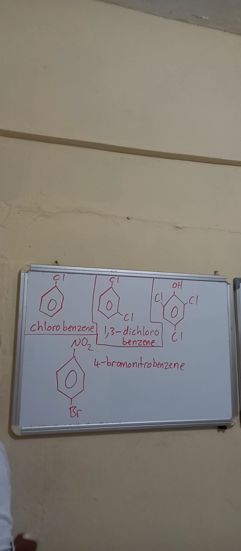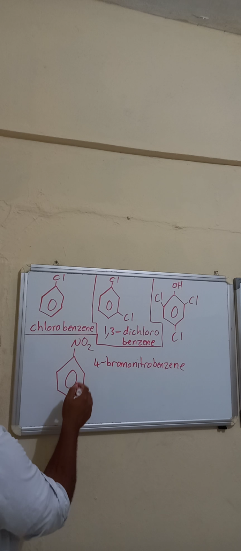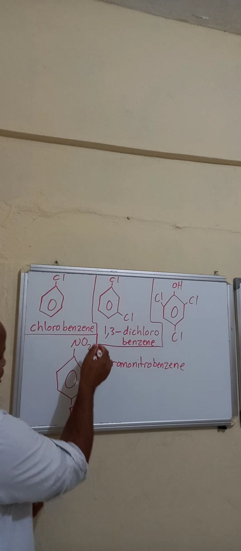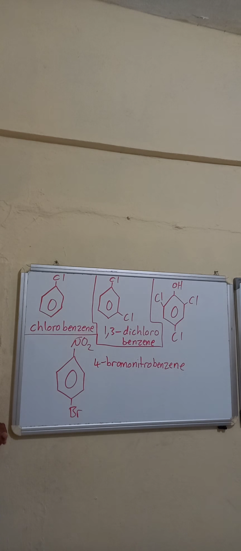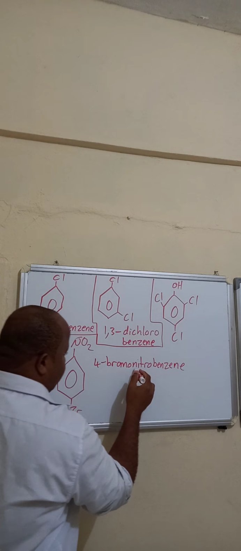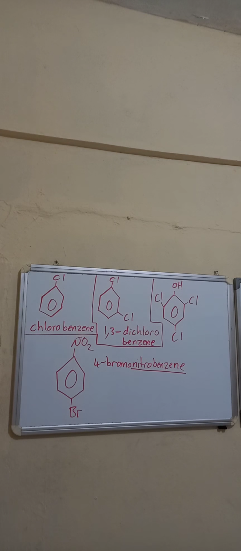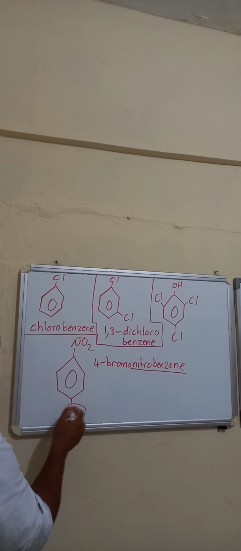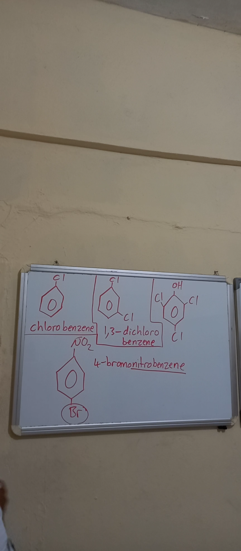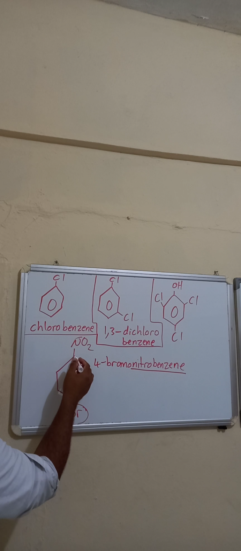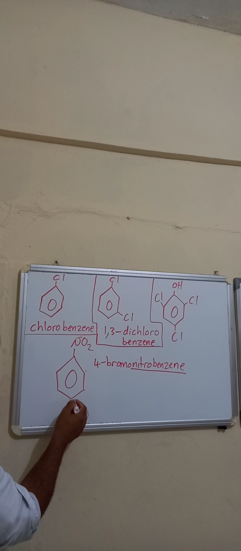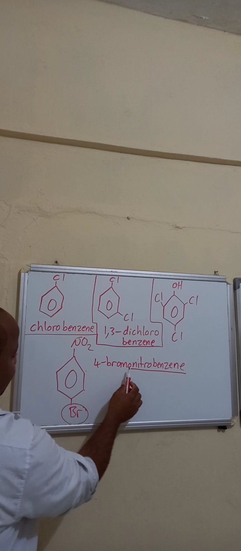And for this one, we know that nitrobenzene, so the nitro group would form the parent name. So you have nitrobenzene, right? The substituent is bromo, and that would be on carbons 1, 2, 3, 4. So it's 4-bromonitrobenzene.